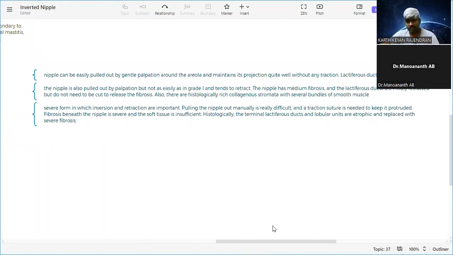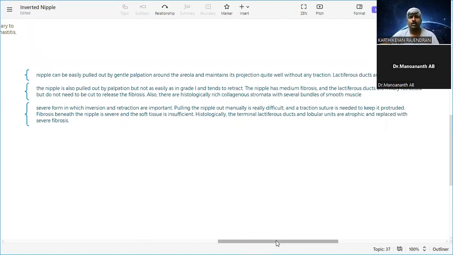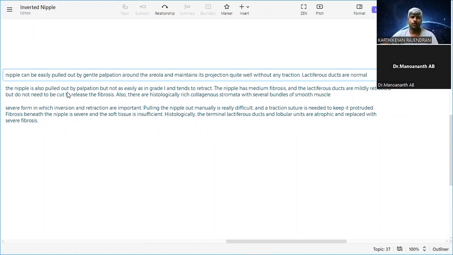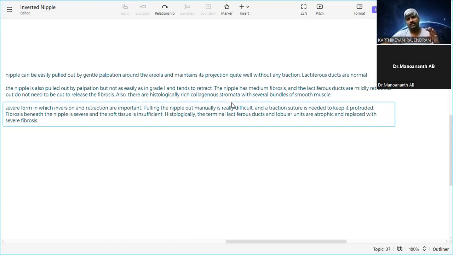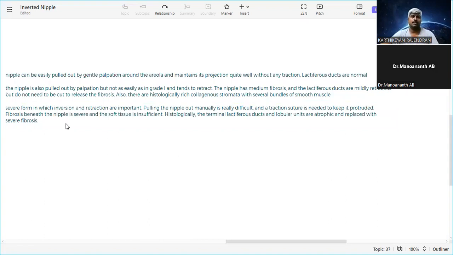In grade 2, the nipple can also be pulled out by palpation, but not as easily as in grade 1, and it tends to retract back. That is due to some amount of fibrosis around the lactiferous ducts. Histologically there is rich collagenous stroma around the lactiferous duct, so it will not come out fully.